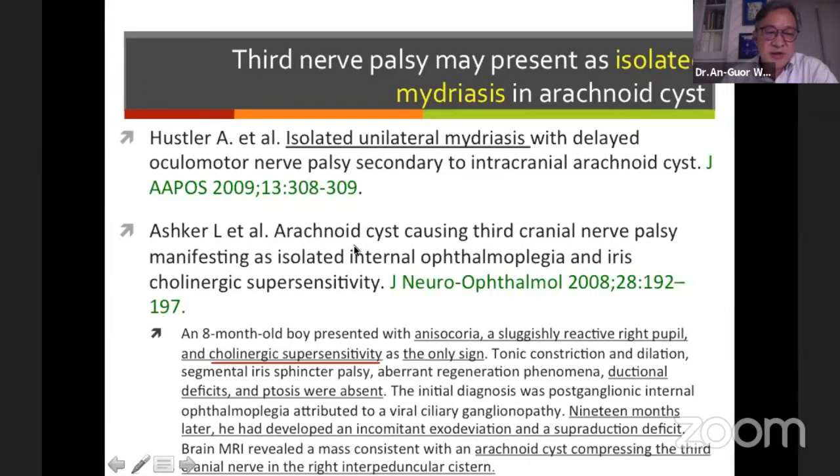And Dr. Asher also reported an 8-month-old boy presenting with anisocoria and with cholinergic supersensitivity as the only sign. Ductional deficit and ptosis were absent. 19 months later, he developed a concomitant axial deviation with supraduction deficit. Brain MRI revealed the arachnoid cyst compressing the third cranial nerve in the right interpeduncular cistern.